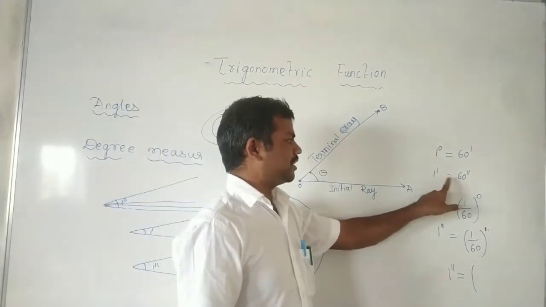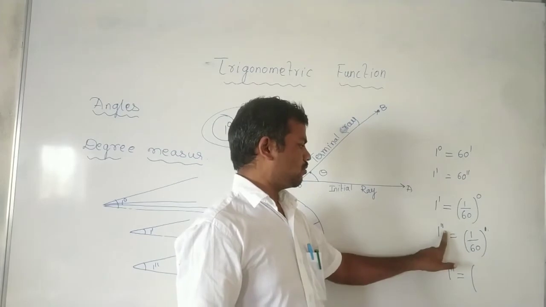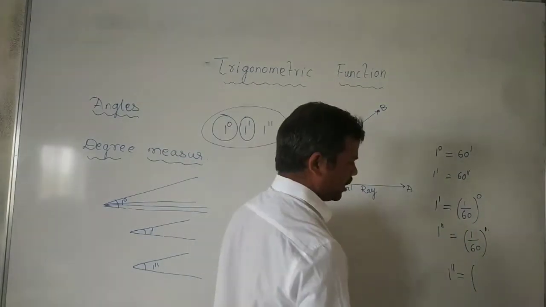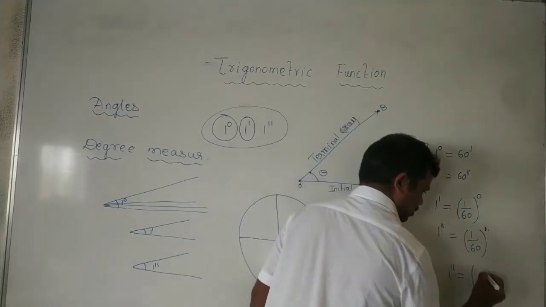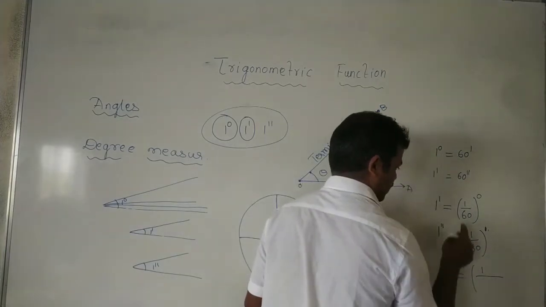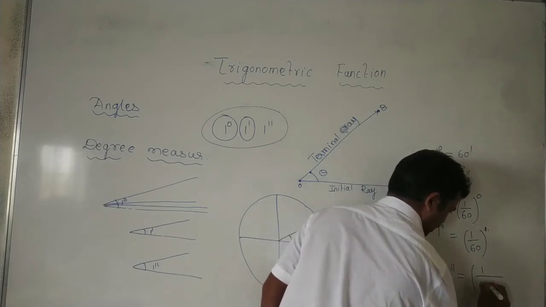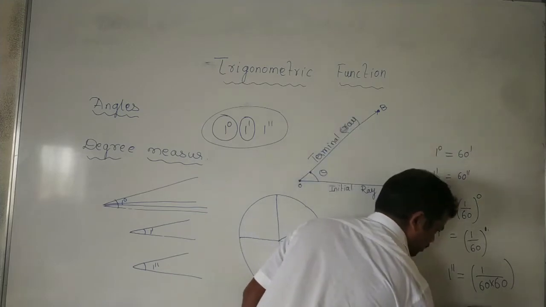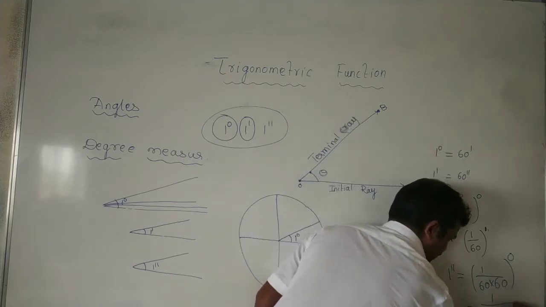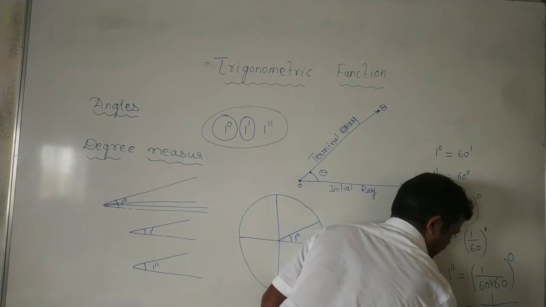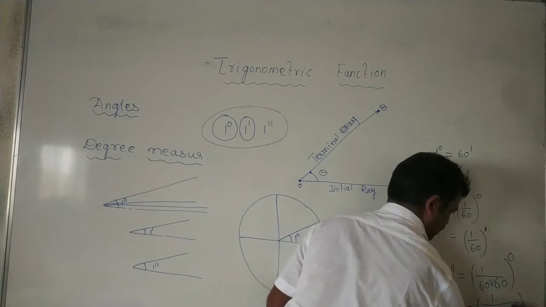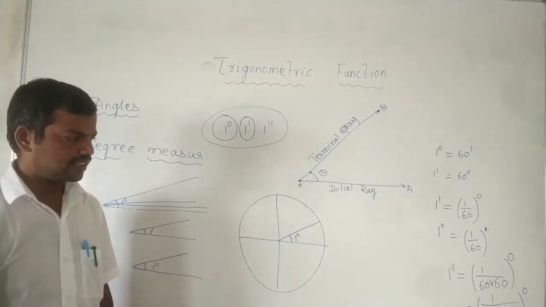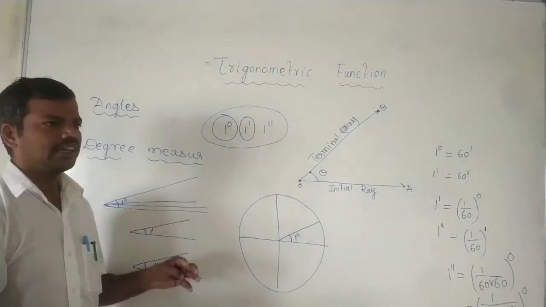Why? Because 1 minute is equal to 60 seconds, which means 1 second is equal to 1 by 60 minute. Now 1 second is equal to how many degrees? We have to multiply this: 1 by 60 into 1 by 60, that is 1 by 3600 degree. So 1 second is 1 by 3600 degree.